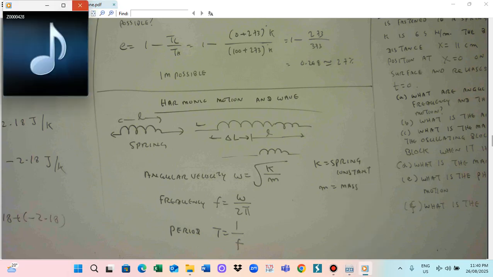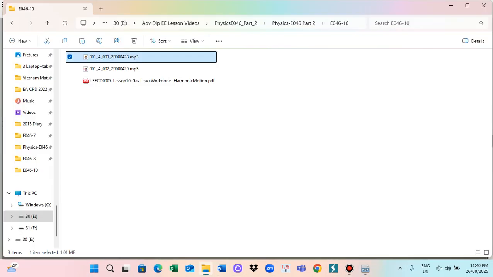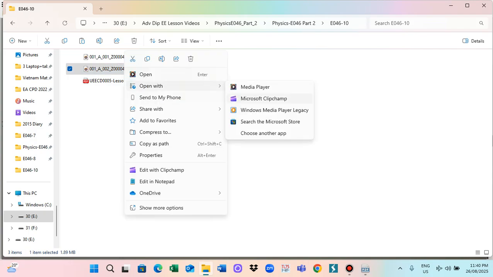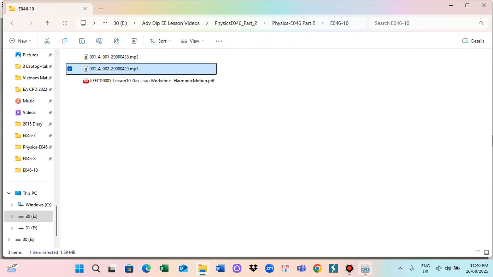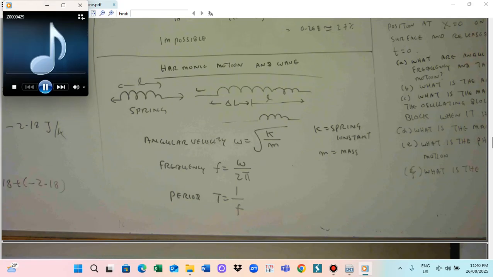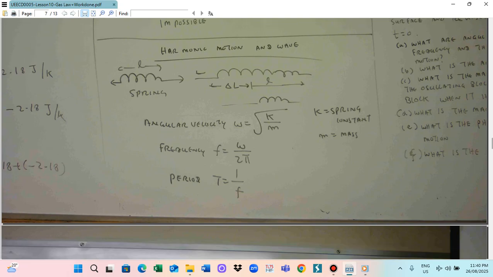Okay, last week we covered harmonic motion and the spring, especially. This is a spring.